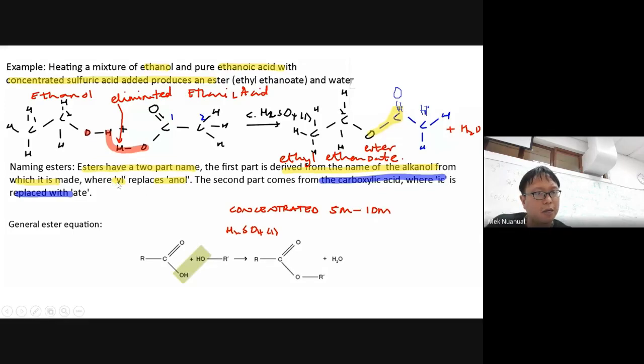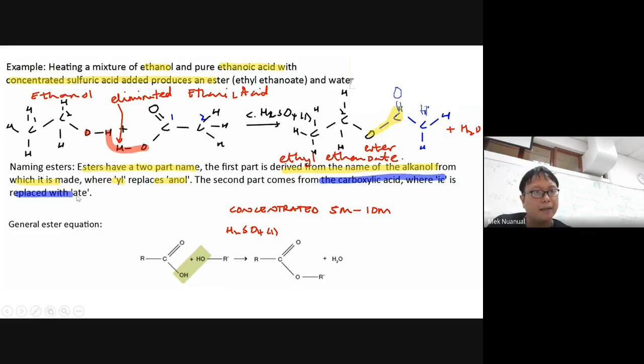Here, the -yl replaces the -ol from the alcohol part. So ethanol would have become ethyl, and then for the ethanoic acid, that whole -oic acid part will be replaced with -oate.